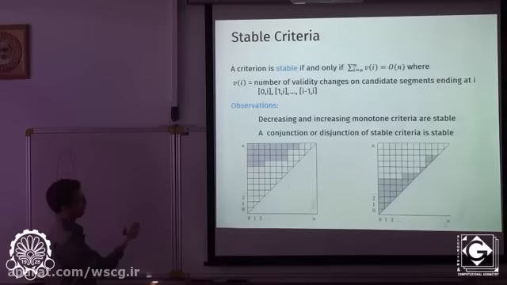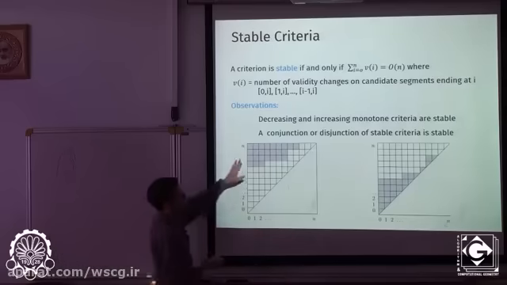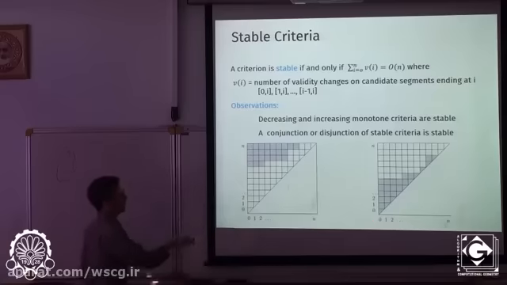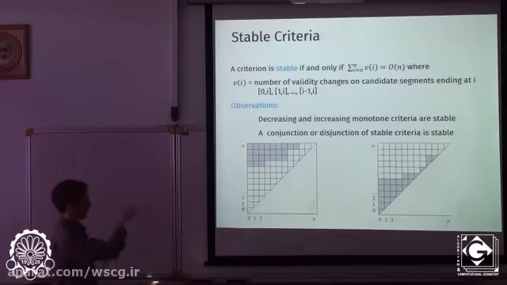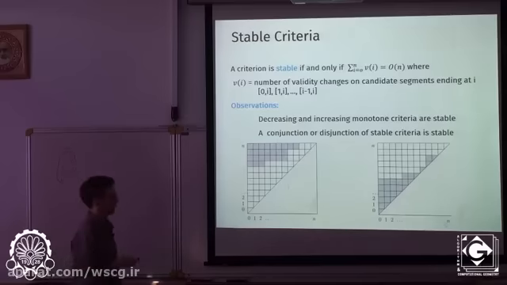That means I will only have overall a linear number of changes, and the same for increasing monotone. Increasing monotone, that is that as soon as I have something white that remains white, then again this non-free space has a staircase shape like this, and it is a stable criterion.